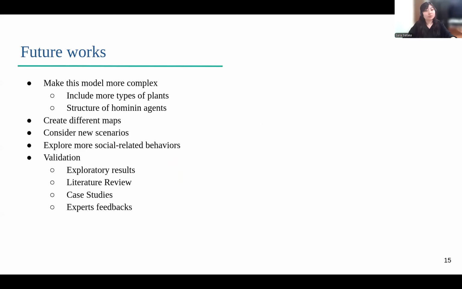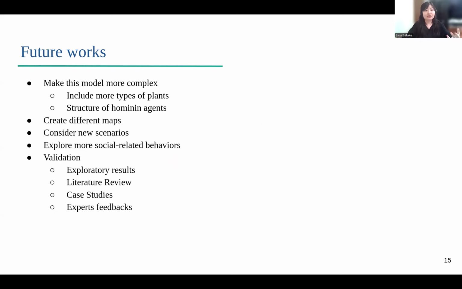So for future work, we intend to make this model more complex, little by little. For instance, we would like to include one more type of plant with different features, so it could also relate to the topographic zones that I mentioned before.